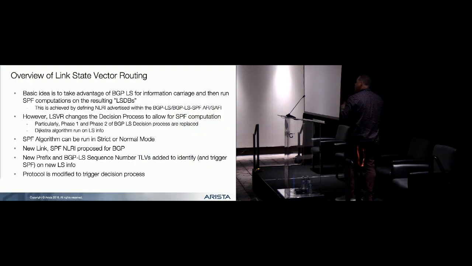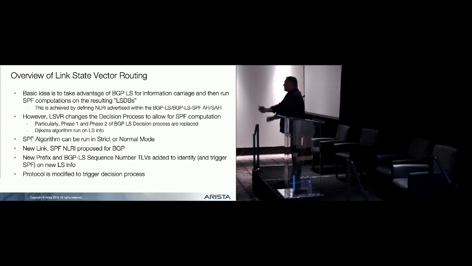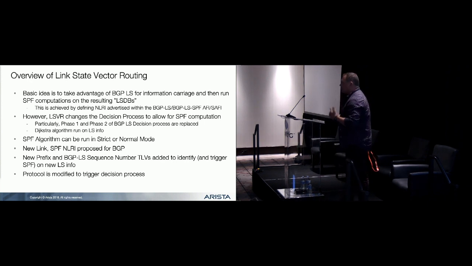Link state vector routing is another approach that leverages BGP link state. So we have this extension to BGP, an address family that carries link state information. And instead of just using that for topology dissemination for a PCE or traffic engineering controller, why not actually trigger SPFs and change the BGP decision process to leverage the new routing information that comes from that SPF?